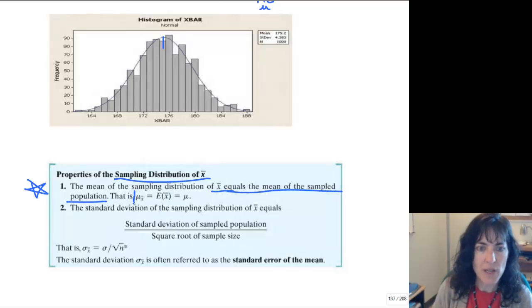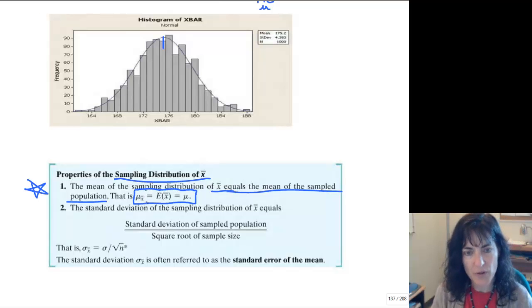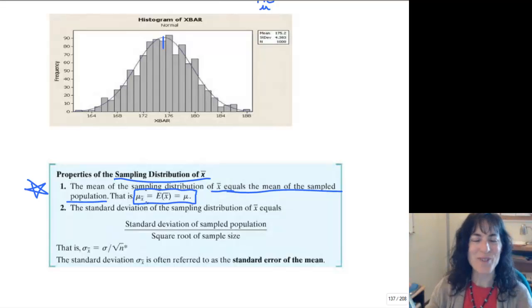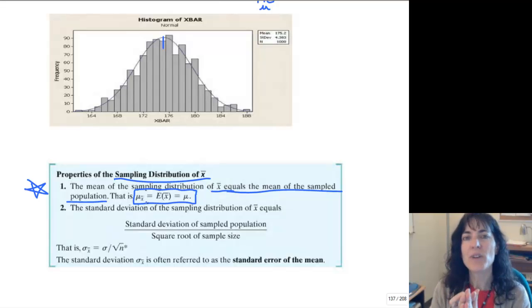So the mean of our x bars is going to be our expected value of x bar, which is going to be our population mean. So that's a huge earth-shattering revelation that if we did enough experiments and with our samples and did a distribution of all the x bars or the averages from each sample, then the middle of that distribution is going to be the same as our population mean. And that's fantastic to know. Anyway, for me.